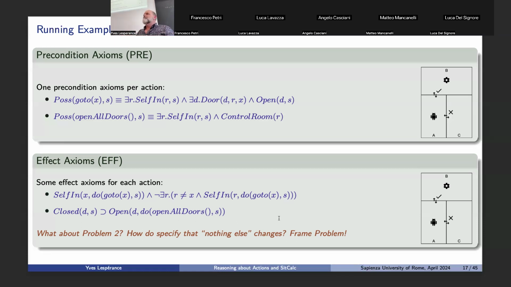You start in a particular situation S0, and there are many possible branches, action sequences you can do, that would get you to different situations. Each of these situations may have different fluents true and false. Some of them have your goal satisfied, some of them do not.